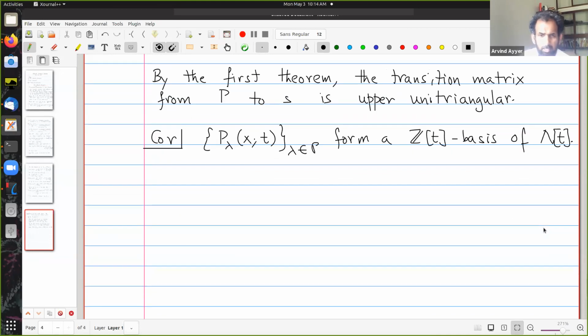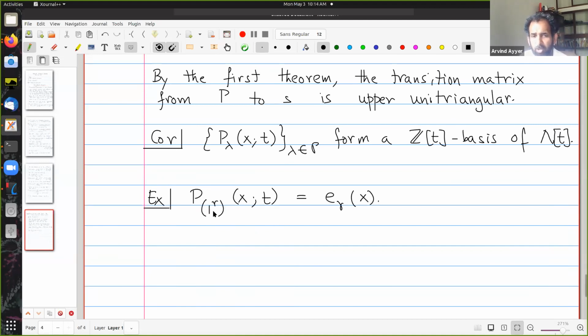Another exercise, maybe I will add this, is the special case when you take the partition 1, 1, 1, 1. So if you take P of 1 to the r of x, t, now I am not specifying the number of variables, this is the elementary symmetric function.